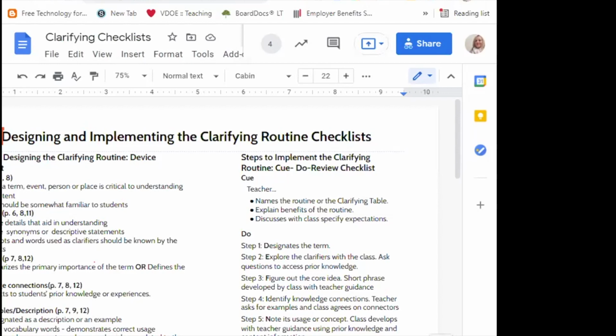So when I ask you to write in the chat and share your ideas, then I'd love for you to drop them in. I'm going to end up probably copying and pasting some of them from there, but also co-constructing with you as we move through this process. So I'm so excited that you're going to be involved with us. Remember, the reason why we use this clarifying one is because this is a term that can be kind of tricky. And I really want to make sure that you understand it completely.